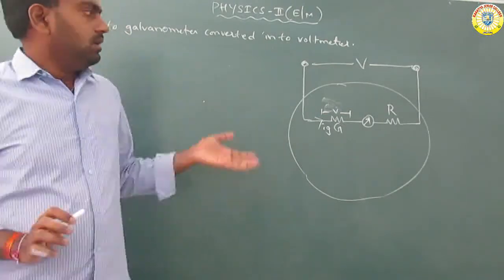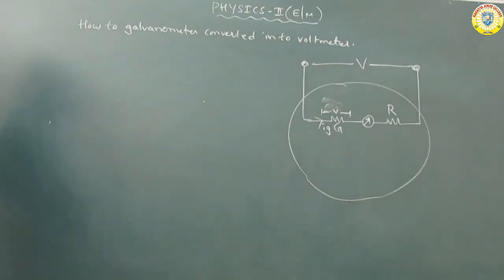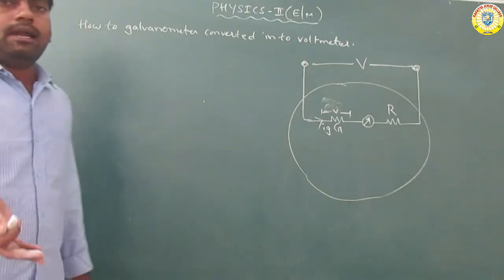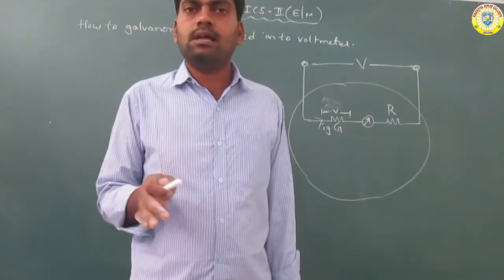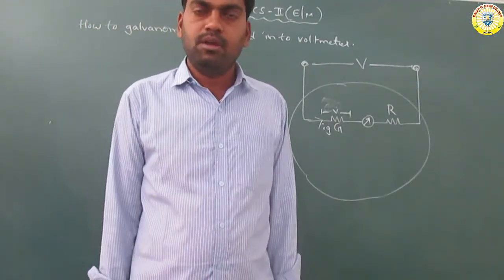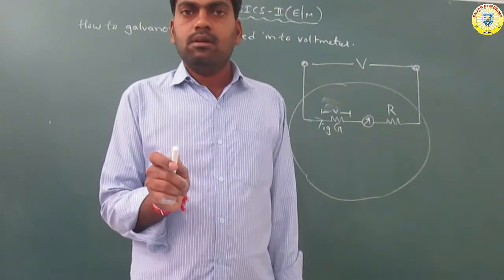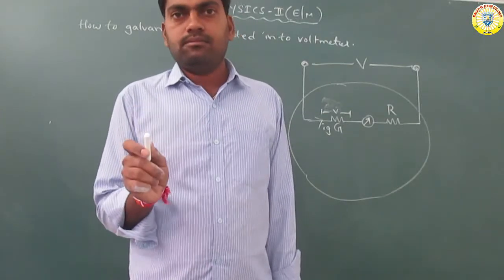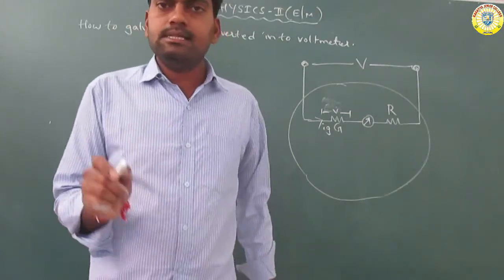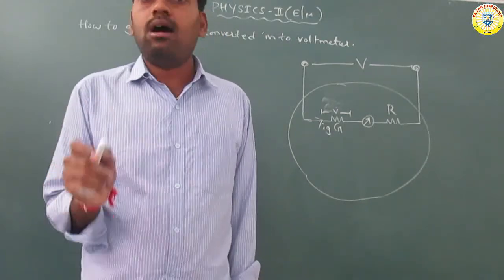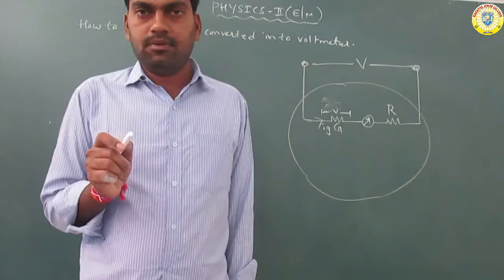Now here, the voltmeter measures the potential difference across any two points in the circuit. The voltmeter is a device that measures the potential difference across any two points on the wire.